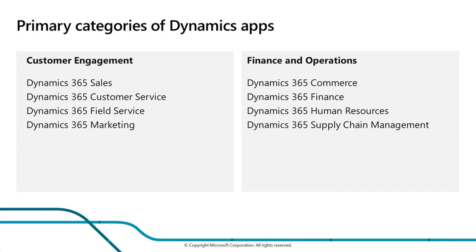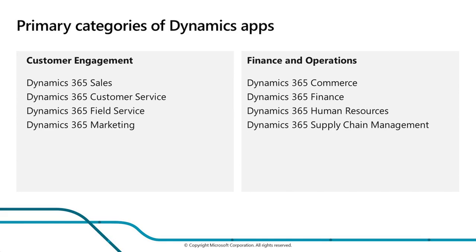On the other side, you have everything about finance and operations. I don't know if you remember, it's something we called Dynamics AX before, mostly. We are talking about Dynamics 365 Commerce for everything to manage the commerce side, the point of sale and all these different things.